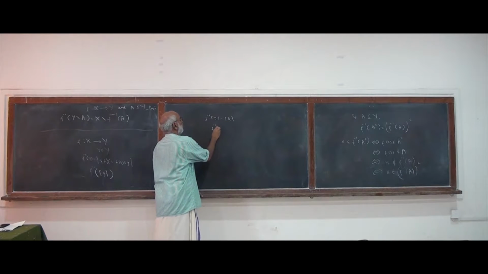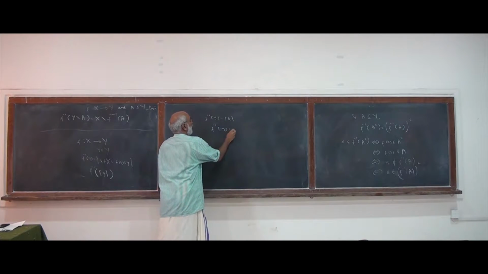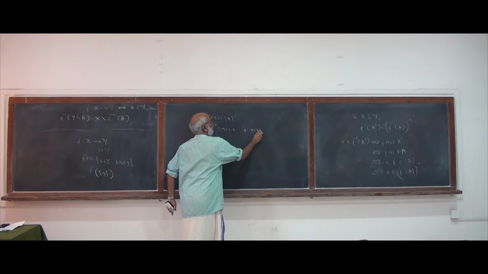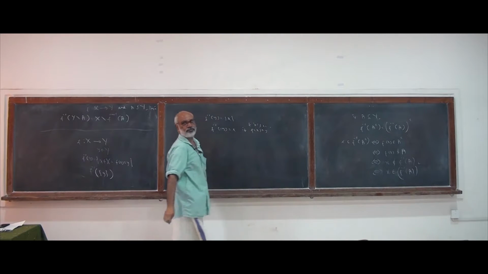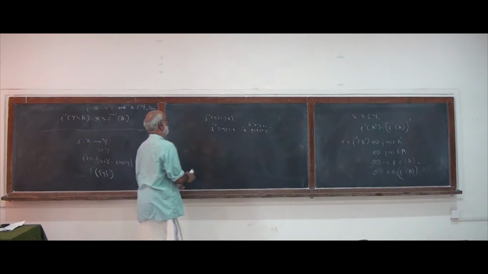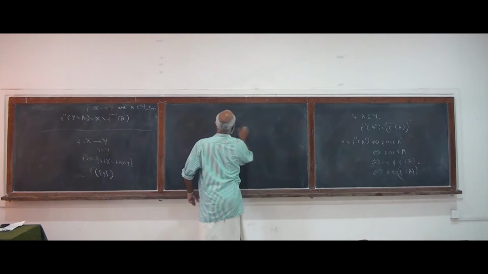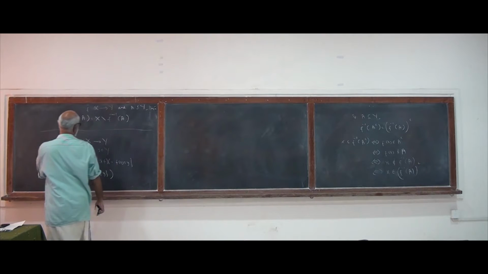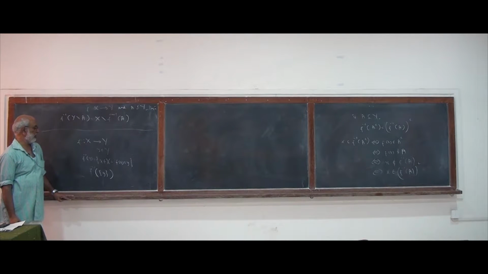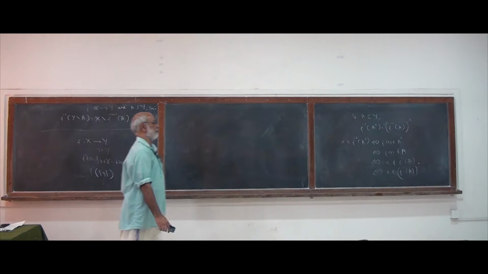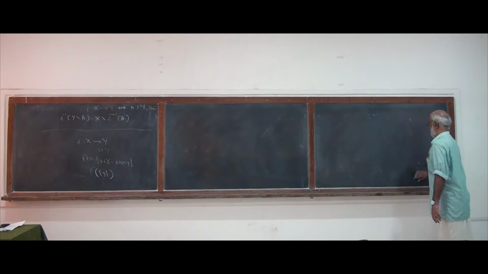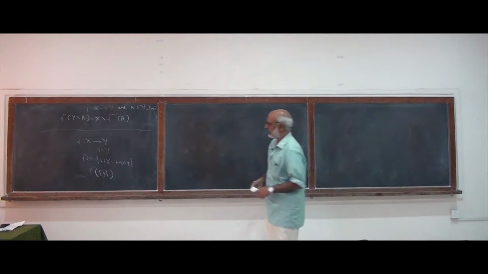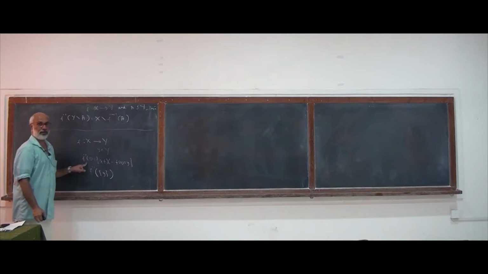Sometimes we may even write f inverse of y is equal to x if f of x is equal to y and f is a bijection. But in the case of a function which is not necessarily bijective, this notation is sometimes useful. Some people call this the fiber.